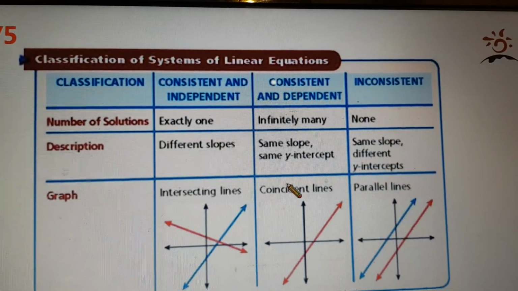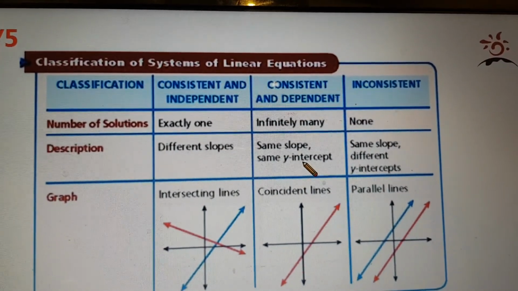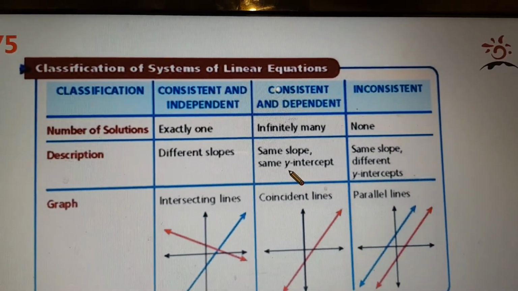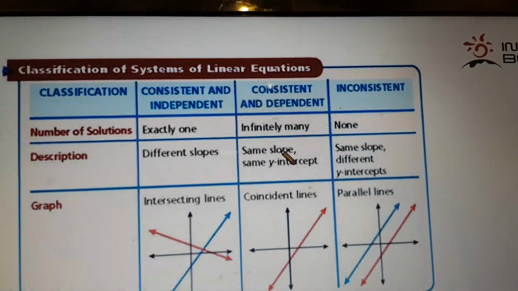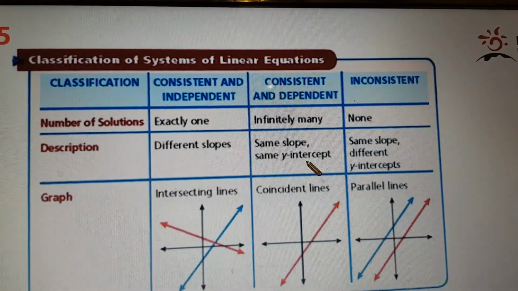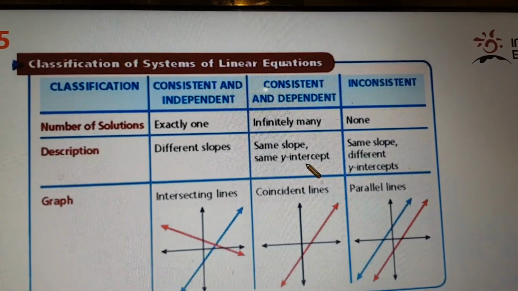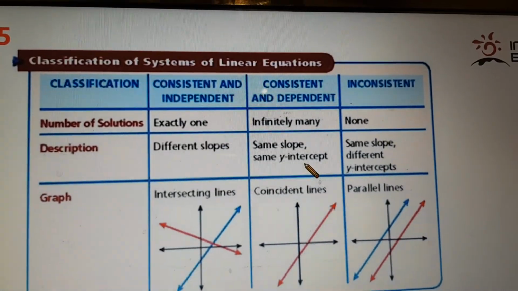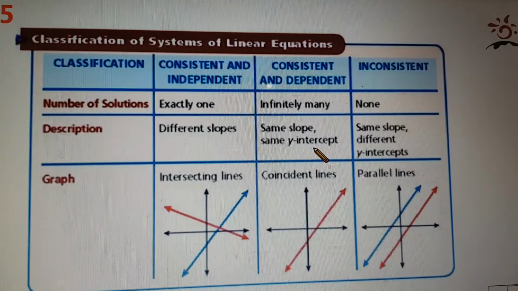If you have the same slope and the same y-intercept, like for example y equals 3x plus 5 and the second one y equals 3x plus 5, it means that I have the same line.